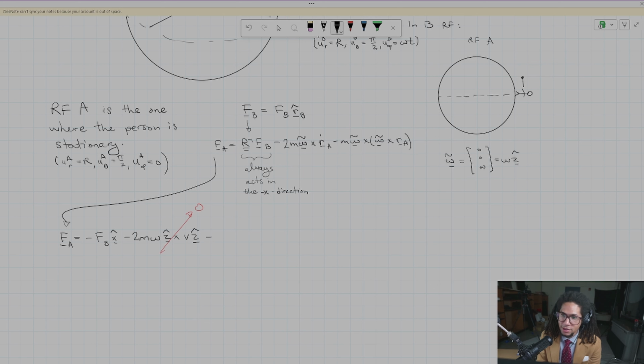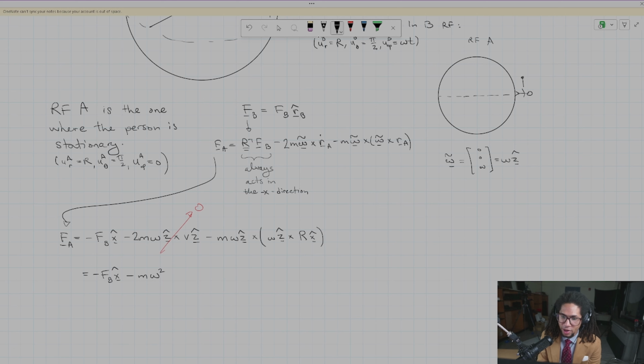Okay. Next, I have minus m times omega z hat cross omega z hat cross RA. Now again, just instantaneously, this is the vector capital R times x hat. Z hat cross x hat is y hat. So this gives me minus FB x hat minus m omega, z hat, we'll keep that for now.